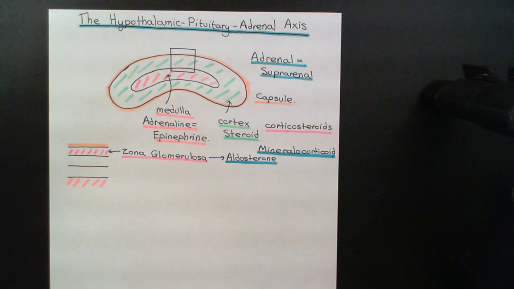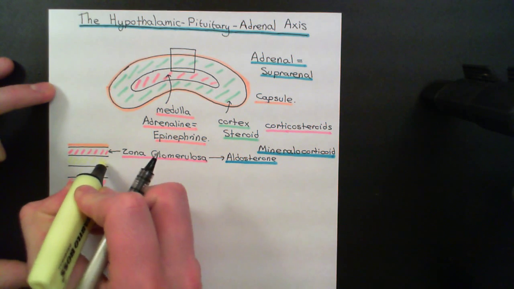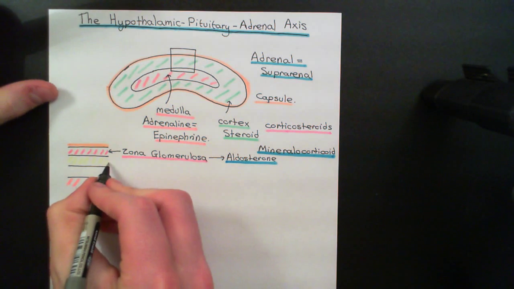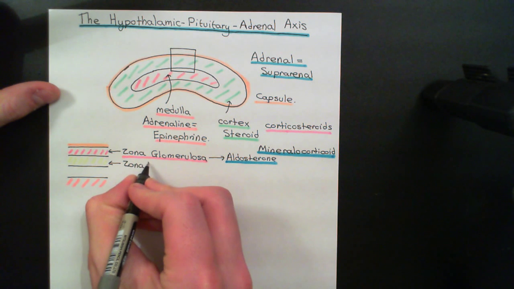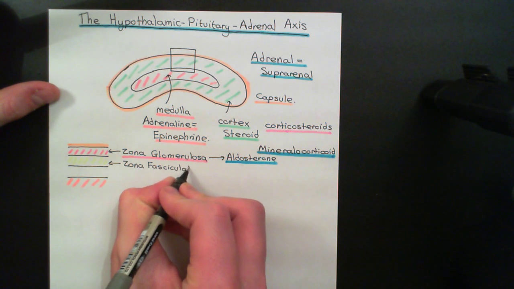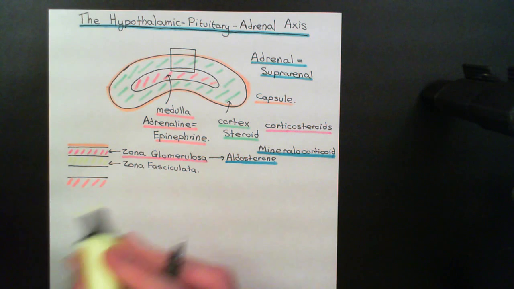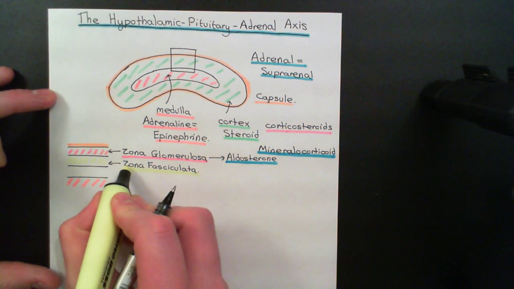Let's now go to the layer underneath zona glomerulosa. So I'll colour in this next layer in yellow here. Okay, so this next layer is the zona fasciculata, and this is the layer that we're interested in. This is the one that's involved in producing cortisol, the glucocorticoid. So this is the star of the show, basically.